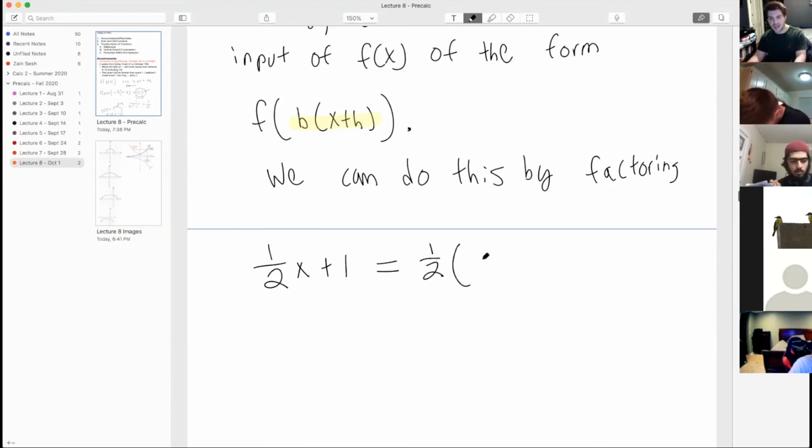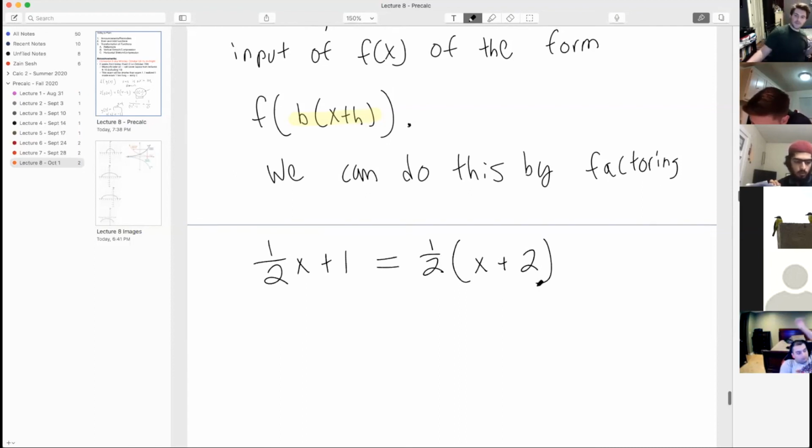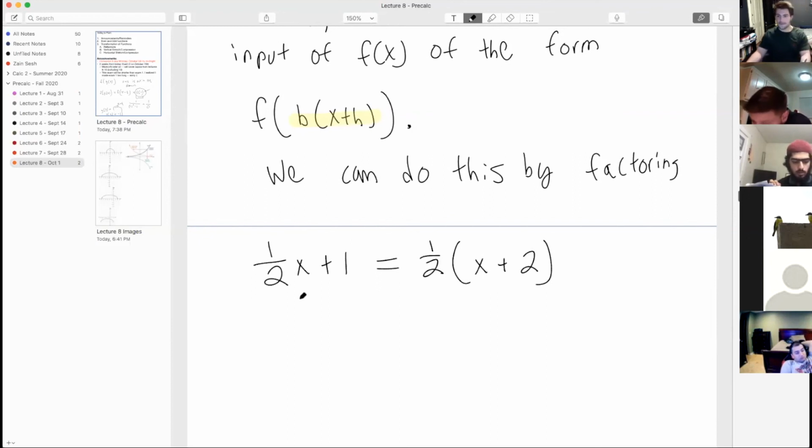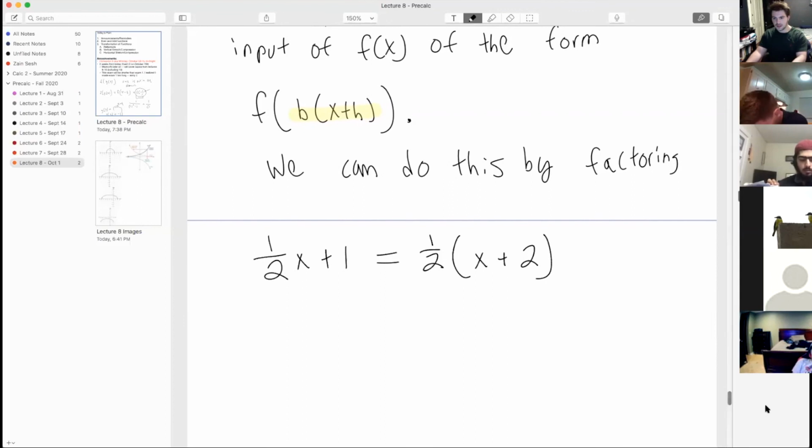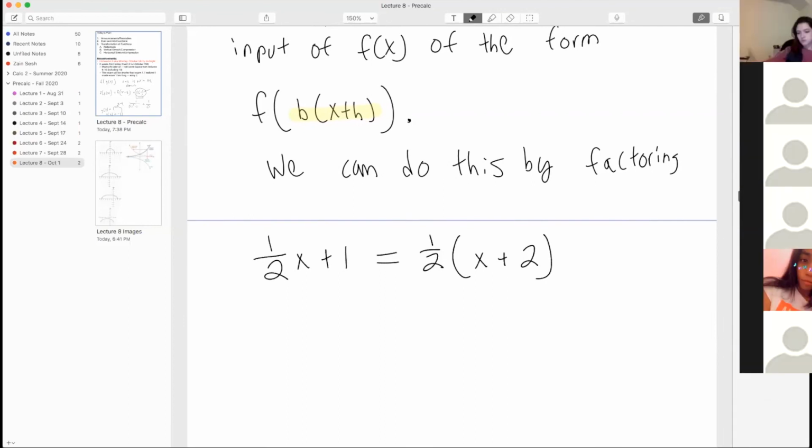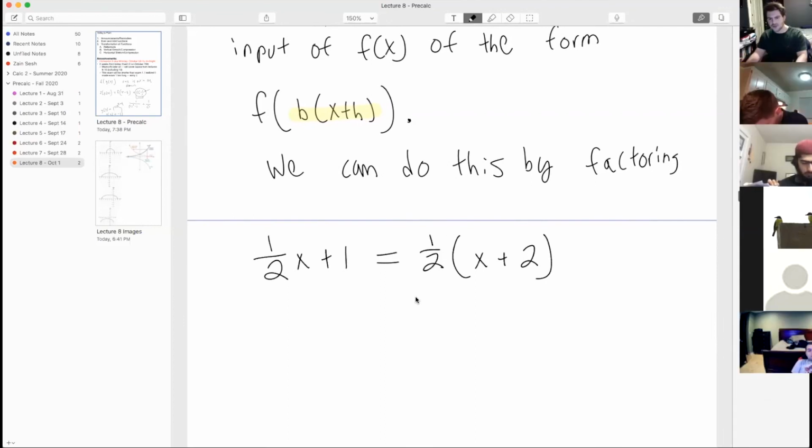So it's 1/2 times x plus 2. All right, so this is now of the correct form, b times x plus h. So I hope everyone sees that. That's b, that's h.